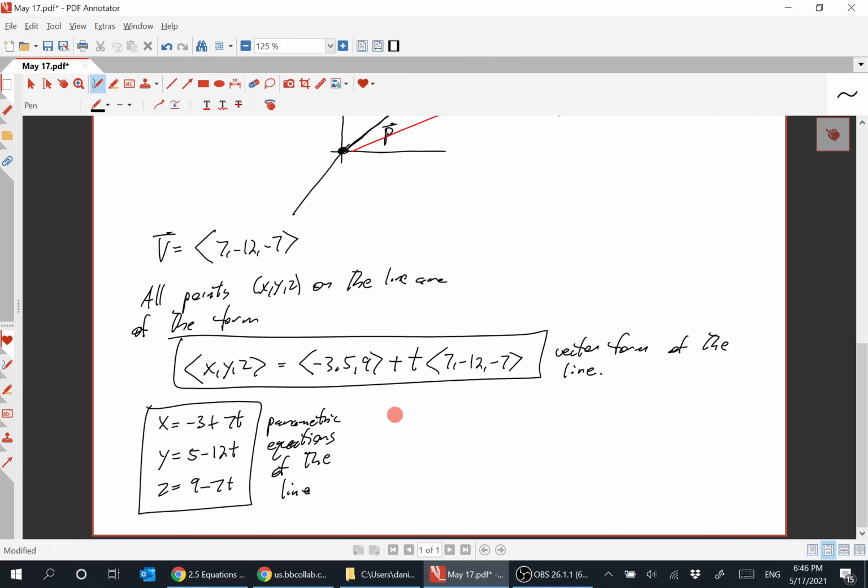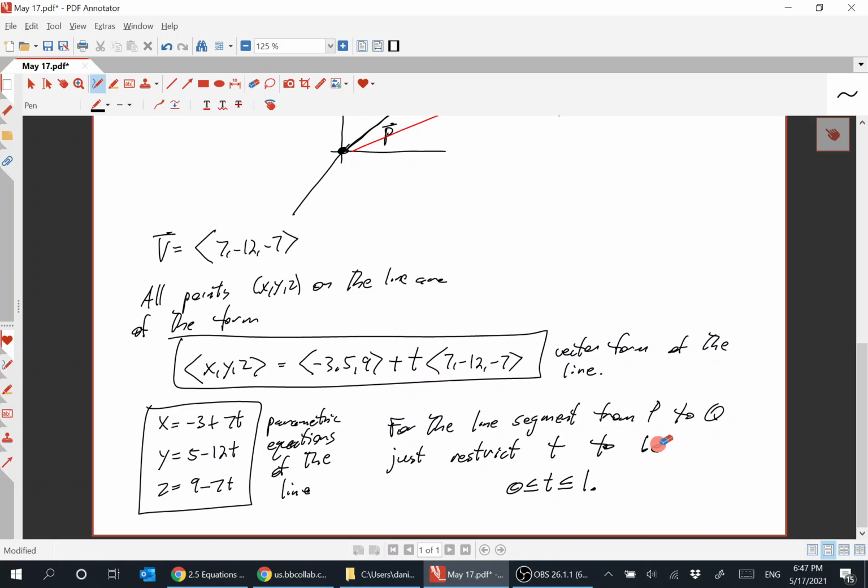All right, for the line segment from P to Q, just restrict, and we'll use this idea later, zero less than or equal to T less than or equal to 1.